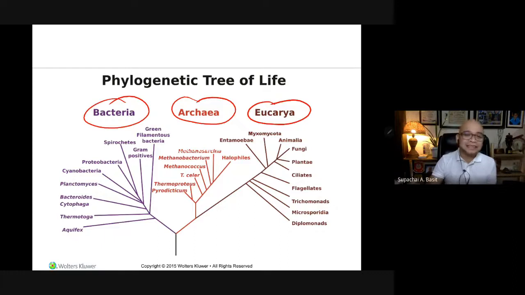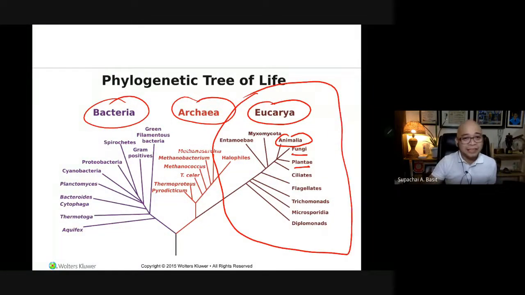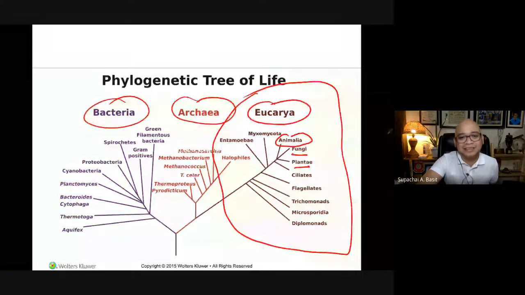Okay, so this is now the phylogenetic tree of life. As you can see, as humans belong here, we are more related to fungi and plants as compared to bacteria because we belong to one domain, which is the eukarya. Okay, so there you have it, our discussion on the cellular structure and characteristics of both eukaryotic cells and prokaryotic cells.